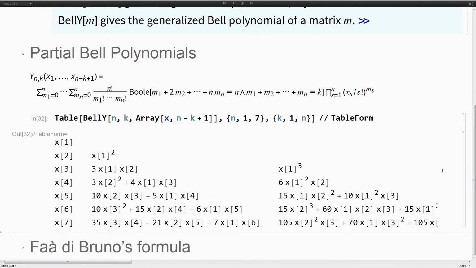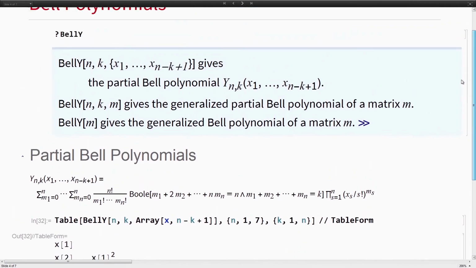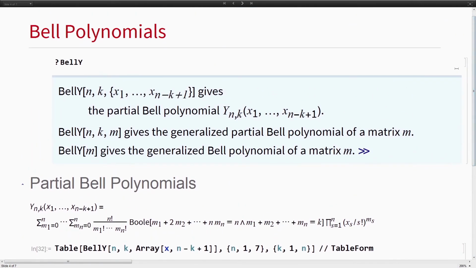Okay, right. In the literature, if you look on Wikipedia for Bell polynomials, you will probably be more familiar with this first one, the partial Bell polynomial with indices n and k, and then a list of input variables.